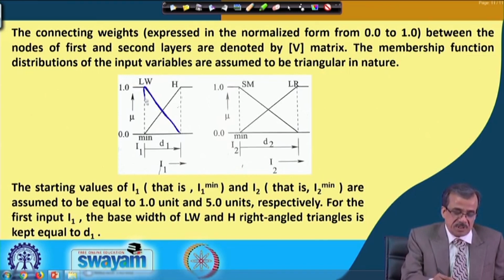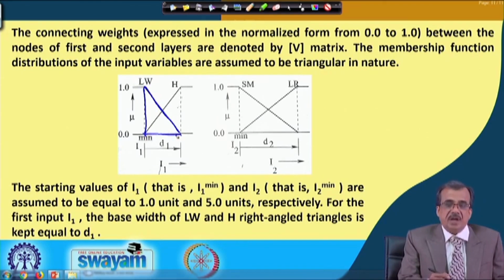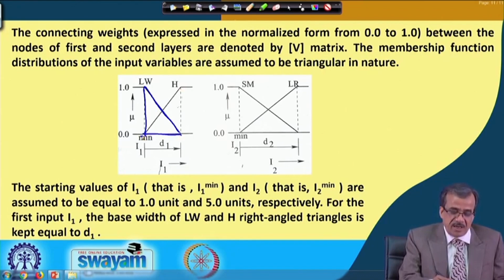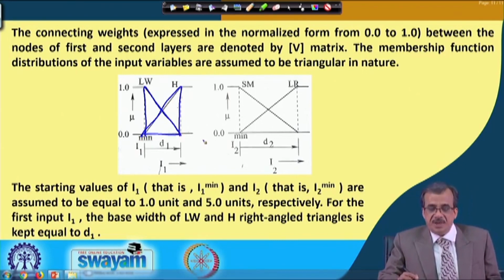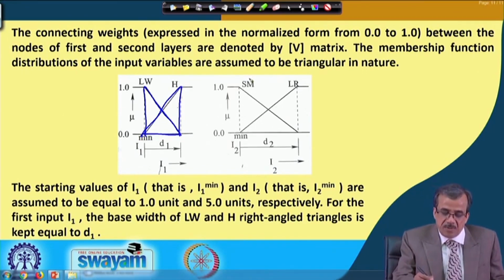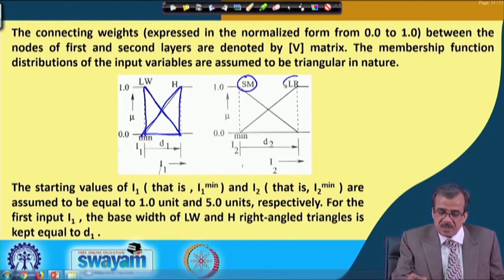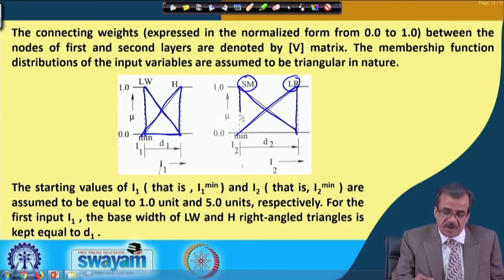So, this type of membership function distribution, a right angle triangle, and for the high another right angle triangle, and there is overlapping also. Similarly, for I2 there are 2 linguistic terms, one is small, another is large, and for simplicity we have considered this type of right angle triangle.